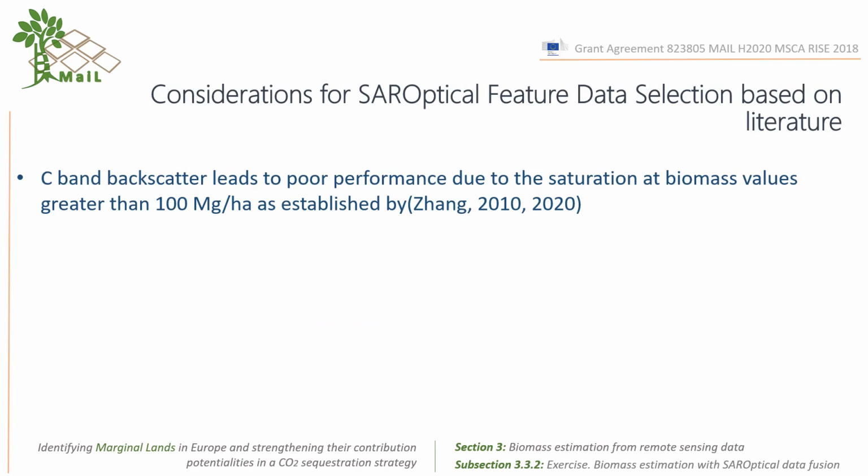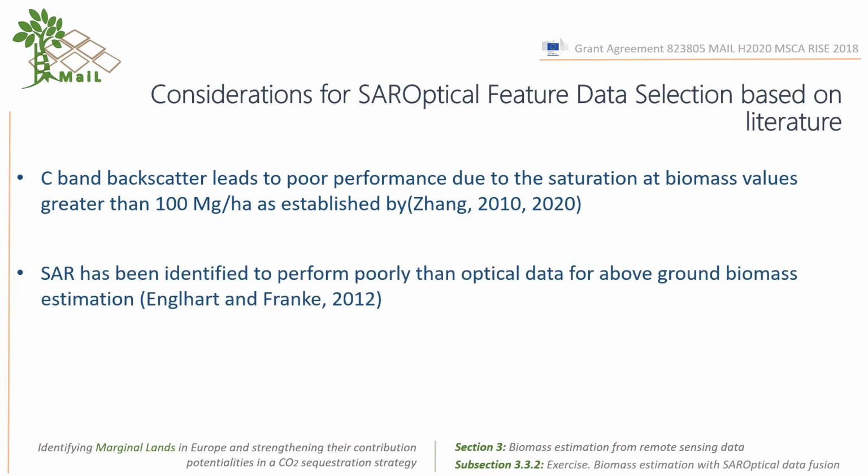The considerations for SAR-optical feature data selection are based on studies on SAR for estimating above-ground biomass, which concluded that C-band backscatter leads to poor performance due to saturation at biomass values greater than 100 megagram per hectare, as established by Zhang.